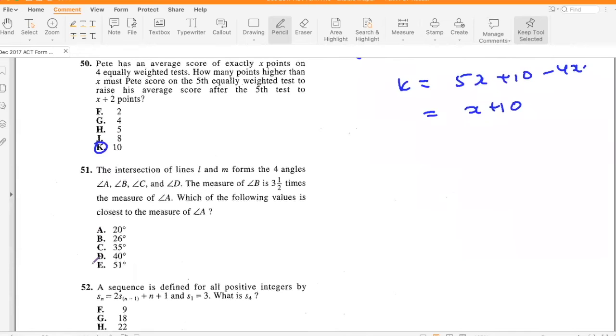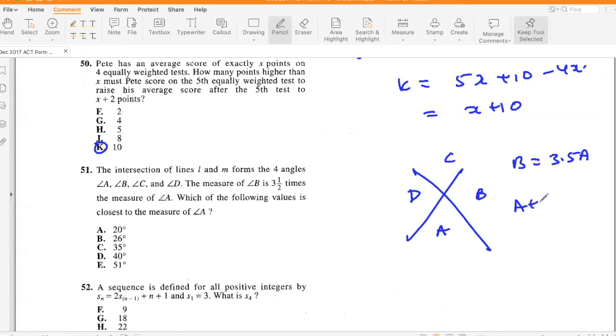The intersection of lines L and M forms 4 angles. The measure of angle B is 3.5 times the measure of angle A. Okay, so A, B, C, and D. B is 3.5 times A. Okay, so then we know that A plus B is 180.